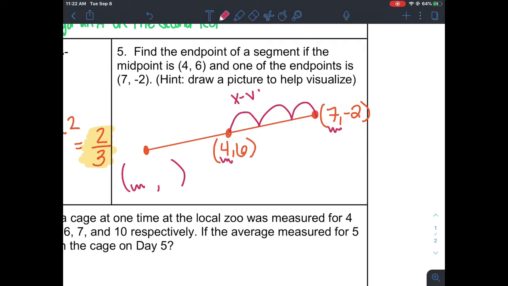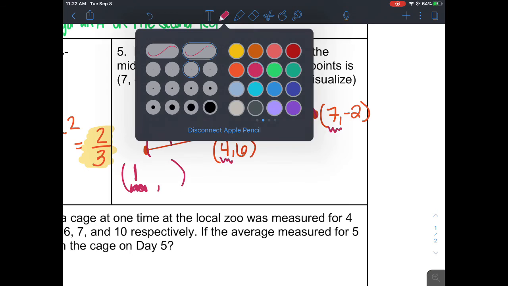So this is x values. We went +3. So to get to this x value down here on the left, I'm going to go down by 3. So 1, 2, 3. X value -3. So 4 minus 3 gives me a 1.